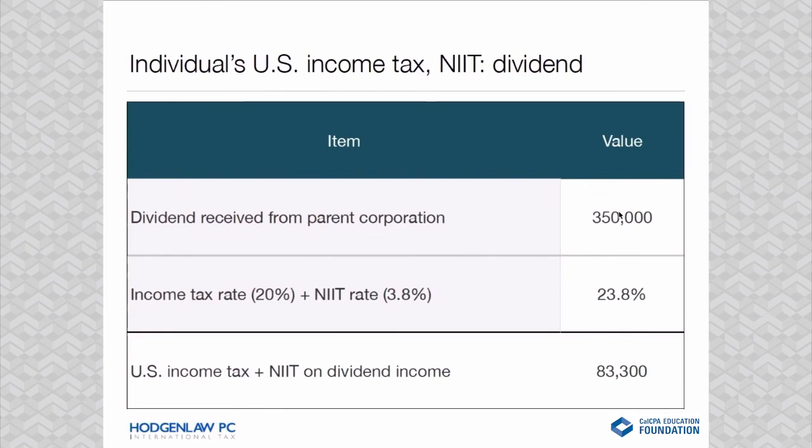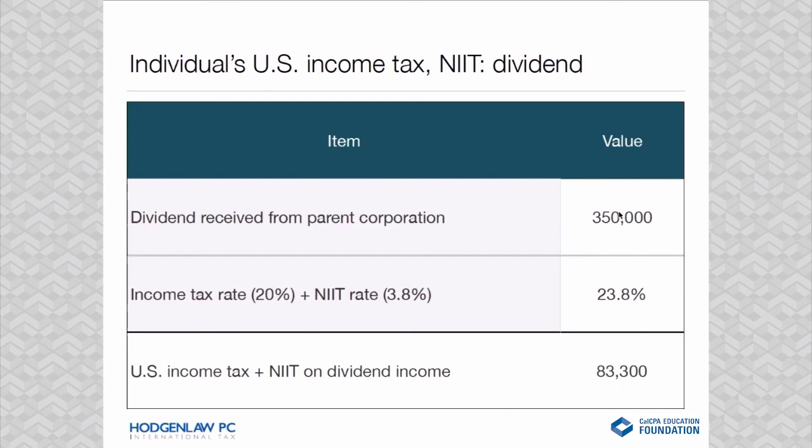Here's just a quickie to show you what's happening on the US individual's income tax return for US tax liability that's going to show up on the Form 1040, why it's going to be $83,300. It's because the dividend from the Delaware corporation to an American citizen is going to be a qualified dividend.